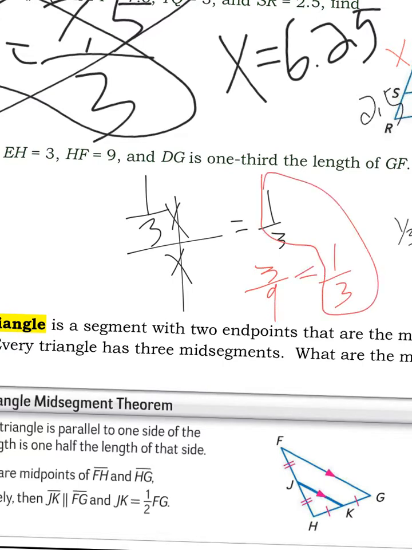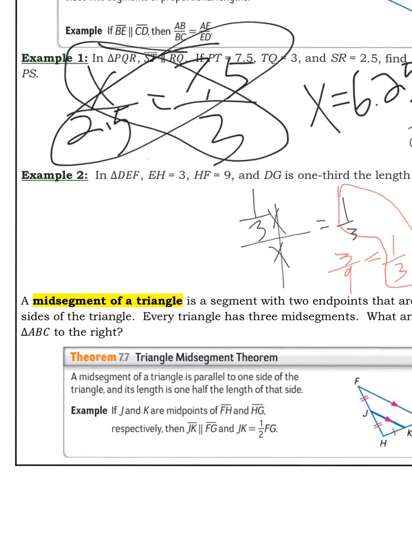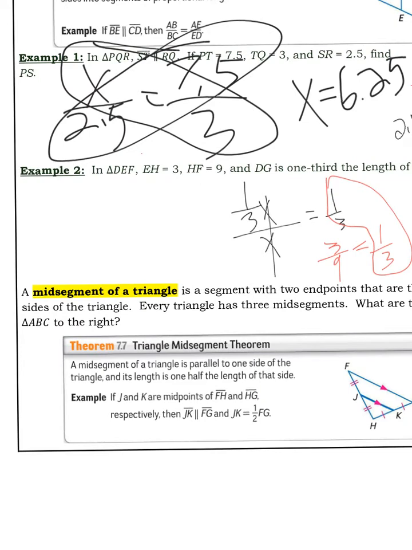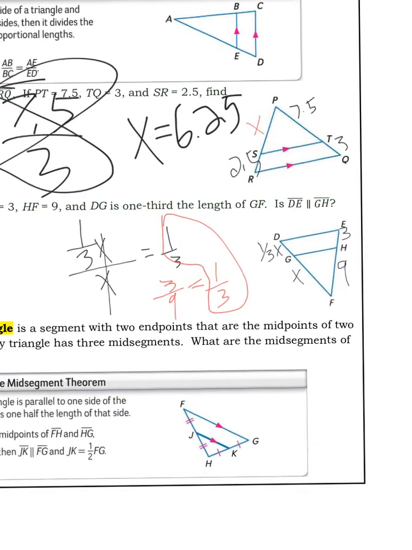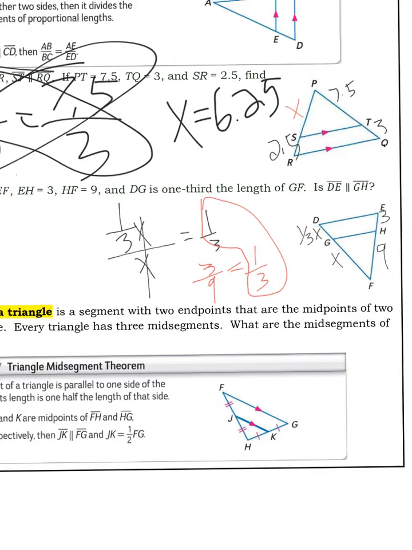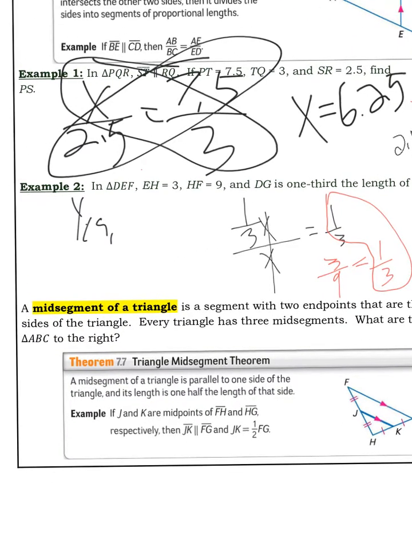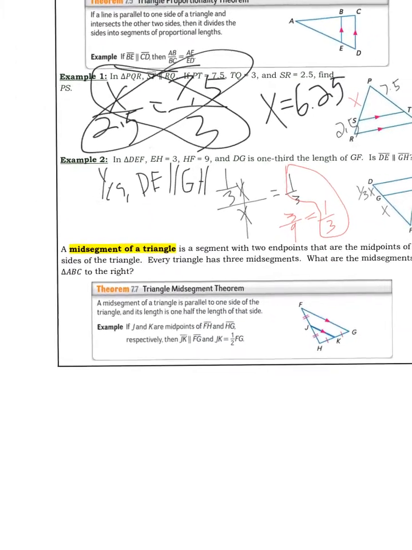That's good. So therefore it's proportional. So I will just write yes, DE is parallel to GH. And that's all there was to that one, was just to check the ratio was the same.